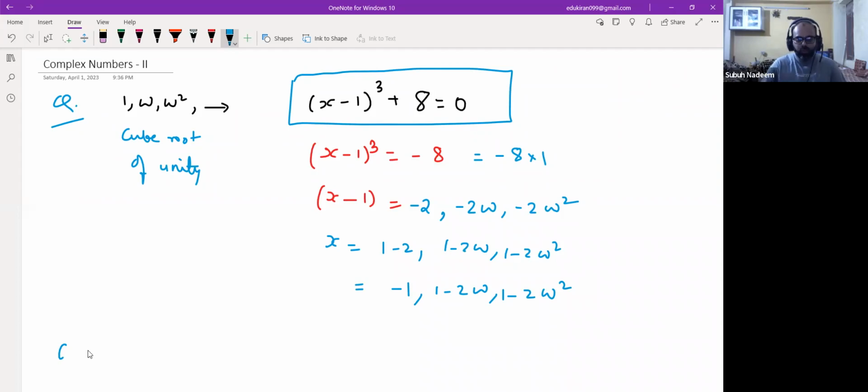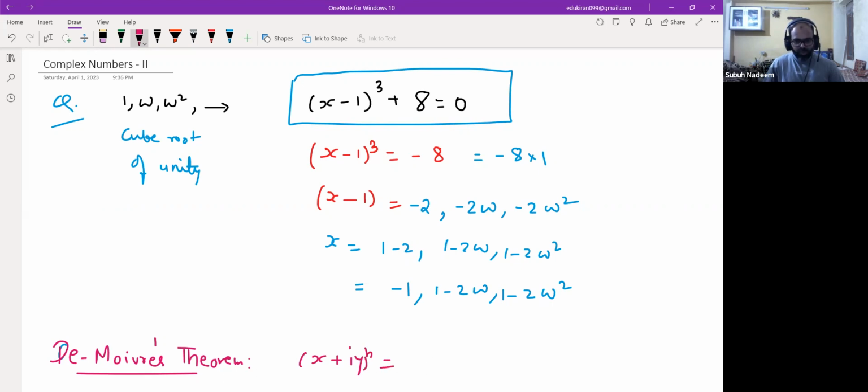So before that, we should know de Moivre's theorem. If we see de Moivre's theorem, the important part is x plus iy to the power n can be written as in complex numbers.